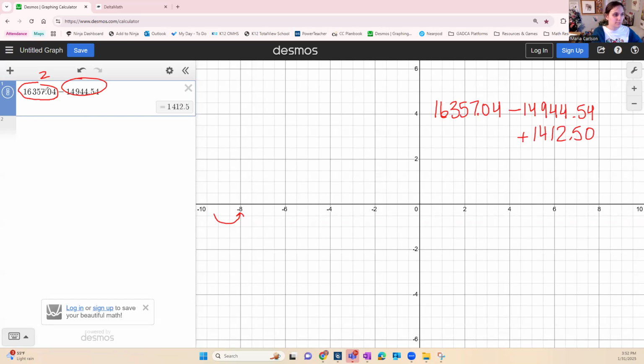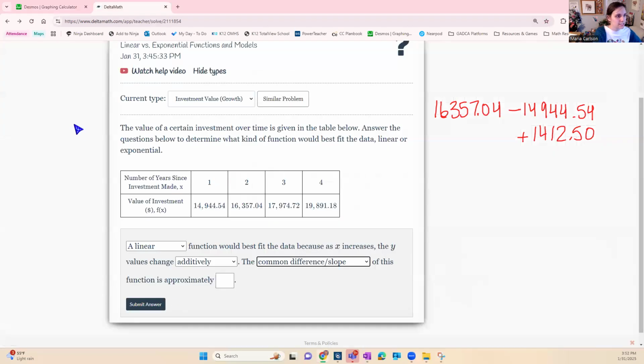All right, now let's look at between years 2 and 3. So year 2, we're at 16,357 and 4 cents. The next year, we're at 17,974.72. So I'm going to subtract away 16,357.4 from that. And luckily I already have one of these numbers typed in.